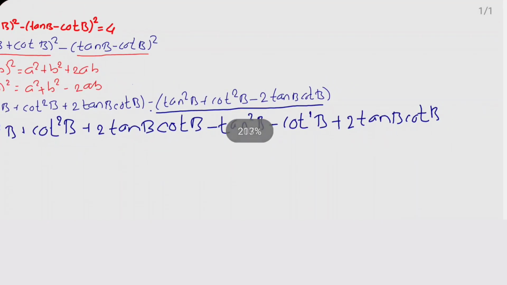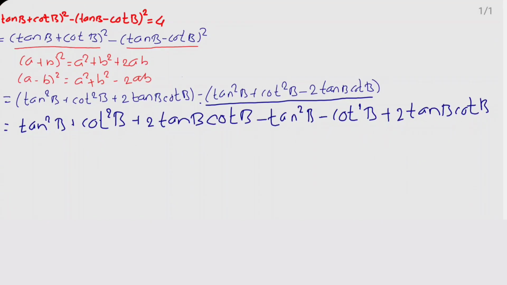And observe here, tan square b and minus tan square b, these two get cancelled, and plus cot square b and minus cot square b, these two get cancelled, and the remaining terms are 2 tan b cot b and plus 2 tan b cot b.